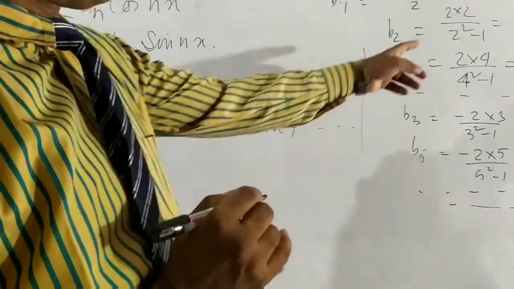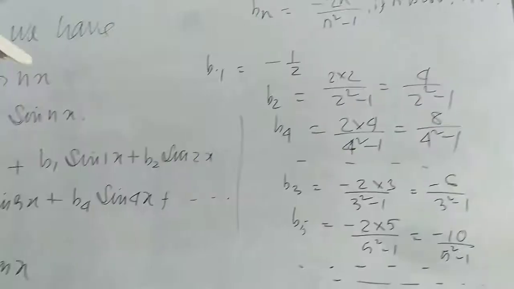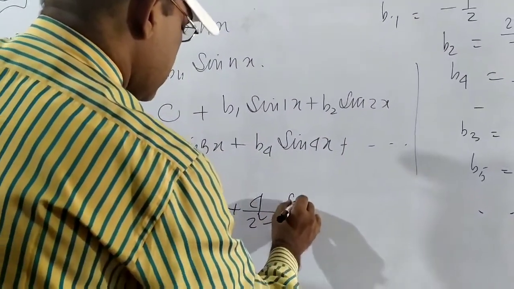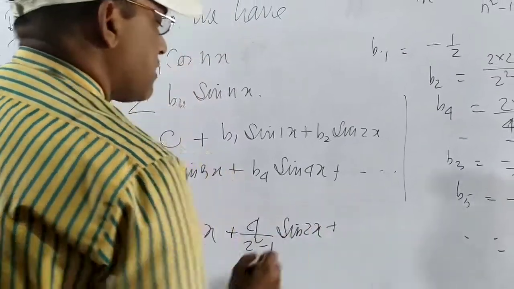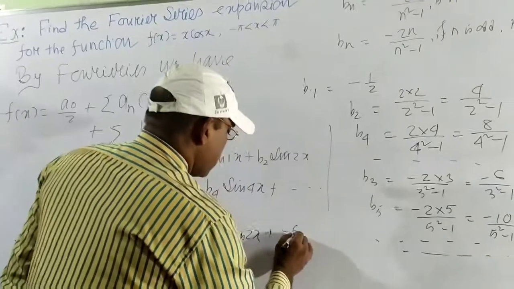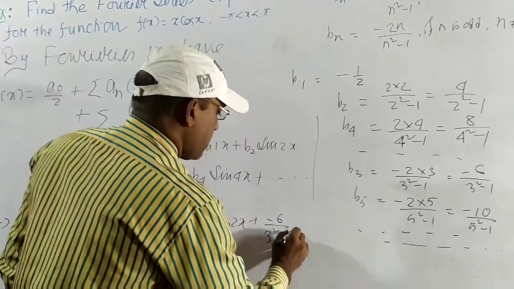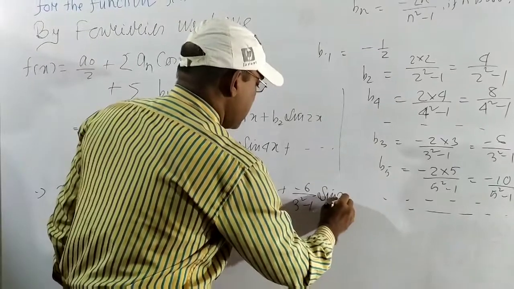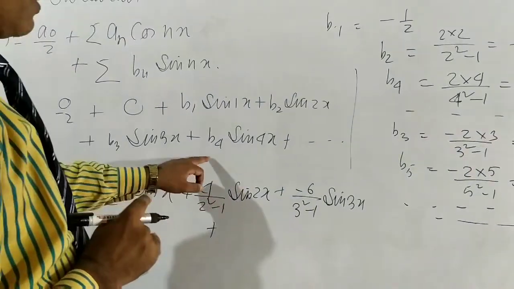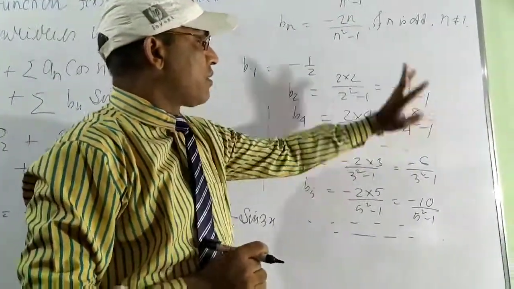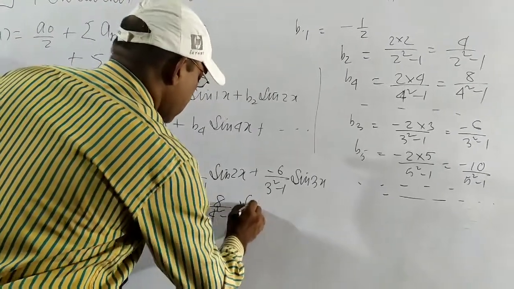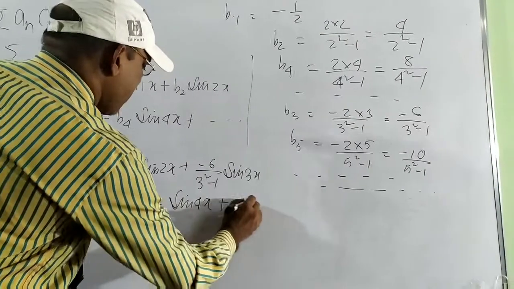And b2 we get 4 by 2 square minus 1, so this is 4 by 2 square minus 1 sin twice x, plus b3 means minus 6 by 3 square minus 1 sin thrice x, plus b4 means 8 by 4 square minus 1 sin 4x. We can write several values.